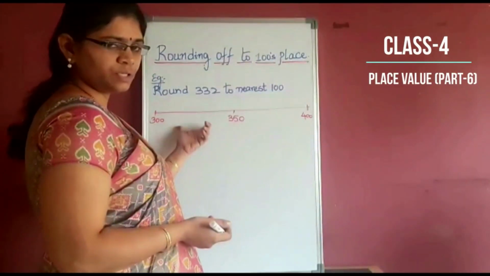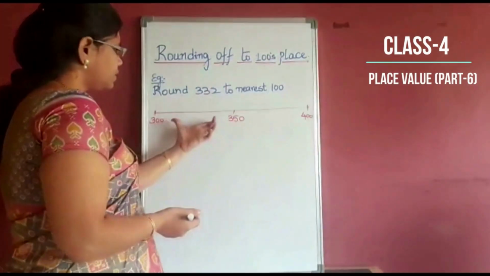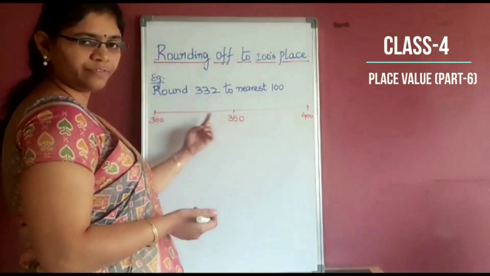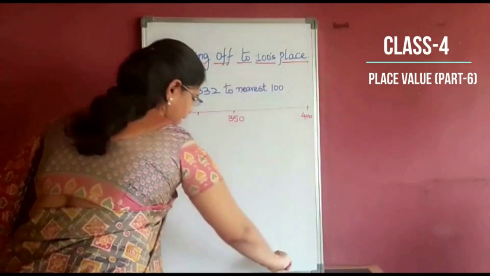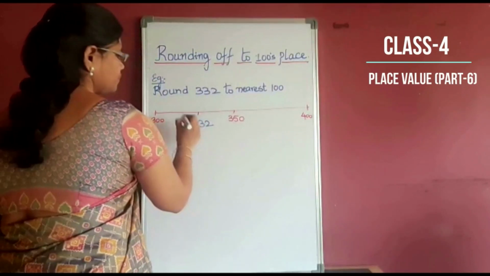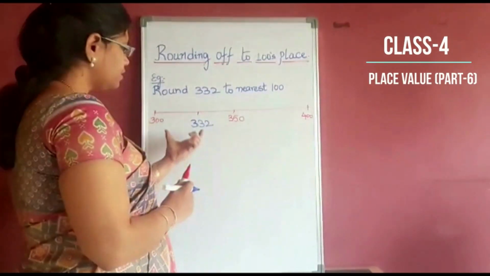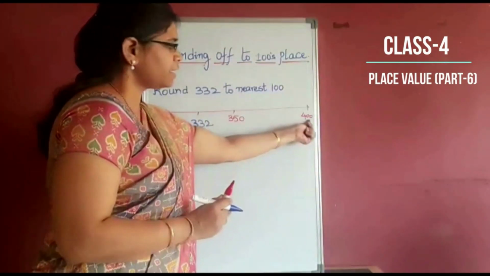Yes, this lies to the left side because this is 332. The numbers which are less than 350 are to the left side and you have your number here as 332.